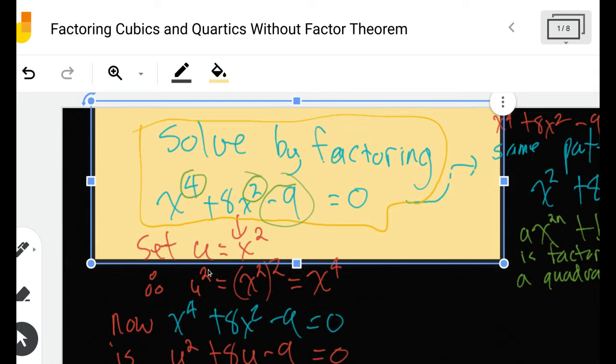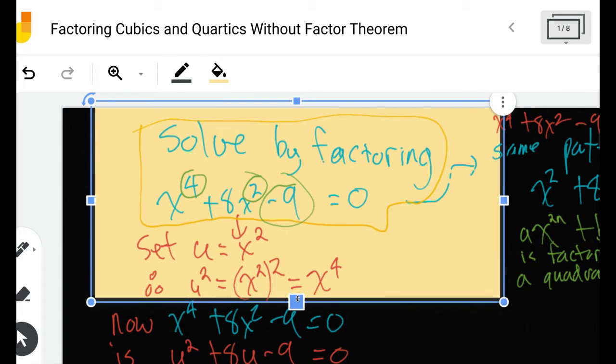So what I'm going to do is set u equal to x squared. That way we get rid of x squared and we get u. But what is x to the fourth going to be then in terms of u? Well, all I need to do is square u, and I get x squared squared. Well, we know by our exponent laws that we multiply those two exponents and we get x to the fourth.